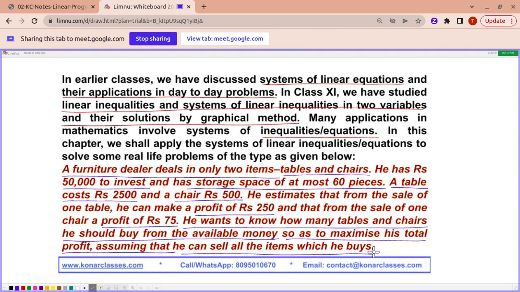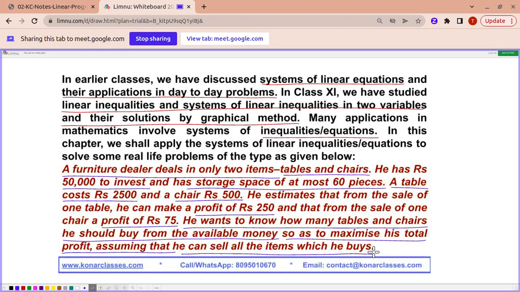Correct? Whatever items he buys all get sold, and by means of this entire exercise, what should be the number of tables and chairs so that the profit earned is maximum. That is the problem statement.